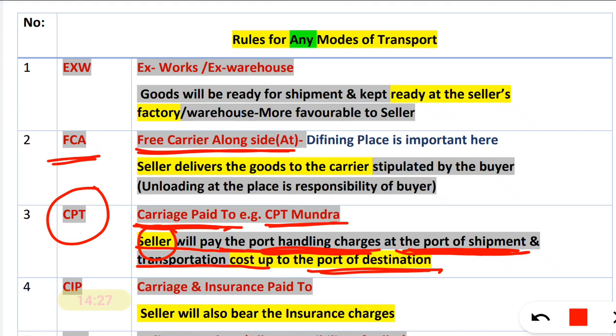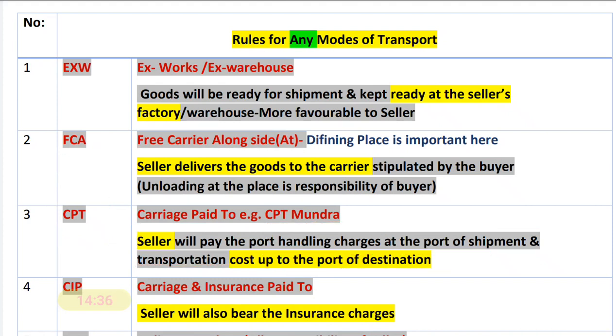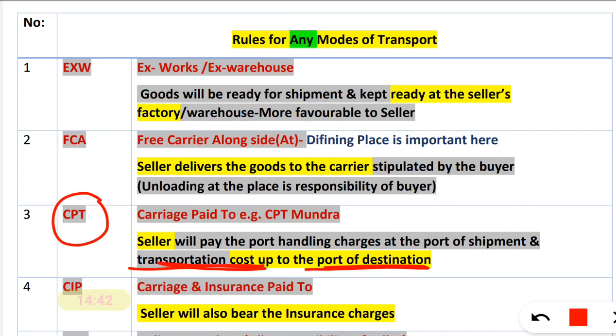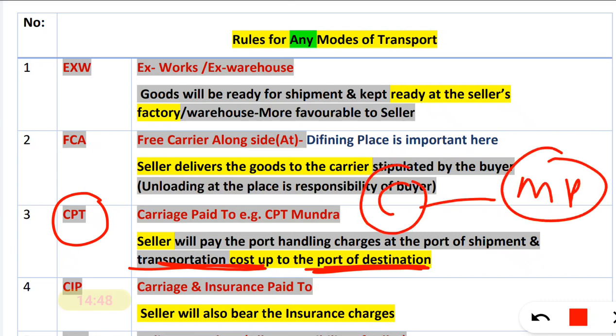Whatever the port handling charges, different ports having different charges, will be paid by the seller. Up to the destination, in case of CPT, the seller bears the cost of transportation up to the destination port. Suppose I am transporting from Canada to the Mundra port in Gujarat, whatever the cost of transportation up to the Mundra port will be borne by the seller.